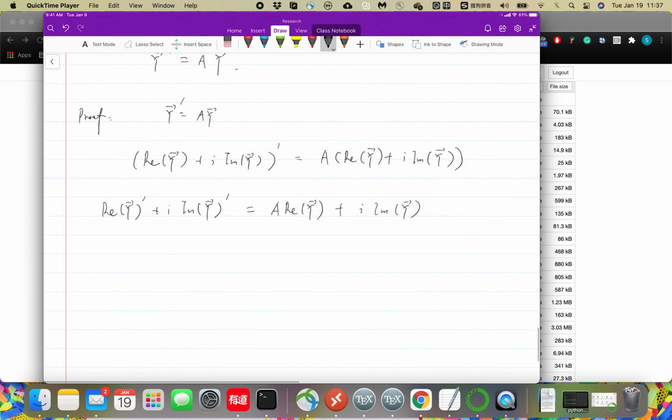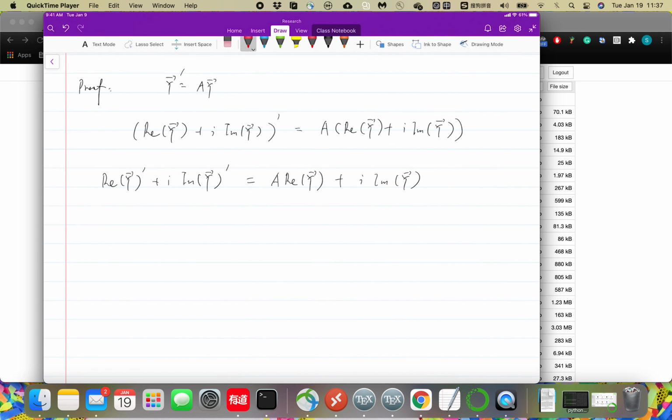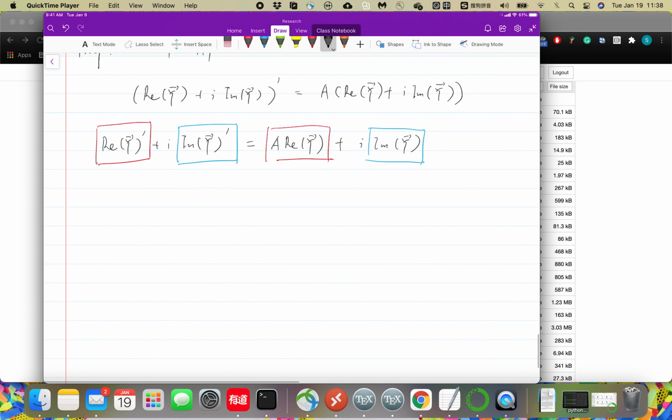Now on the left you have a complex vector, on the right you have a complex vector. Therefore, the real part should equal the real part, and the imaginary part should equal the imaginary part. So we put the ones with I together. They have to be the same in order for this equation to hold. We do have real y prime equals A real y. That's another way to say real y satisfies the differential equation.